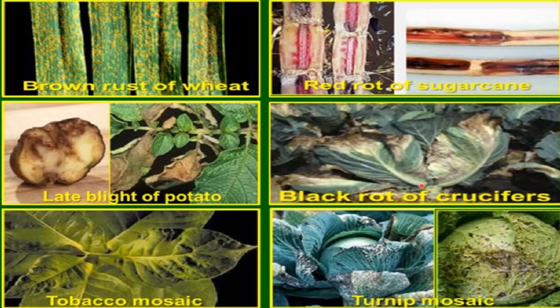Black rot of crucifer, as you can see here, and these are the plants affected by viruses. So tobacco mosaic, this black portion you can see here in the leaves, is caused by the tobacco mosaic virus, and also this turnip mosaic. Here you can see this black color, so this is due to the mosaic virus. Okay, turnip mosaic.